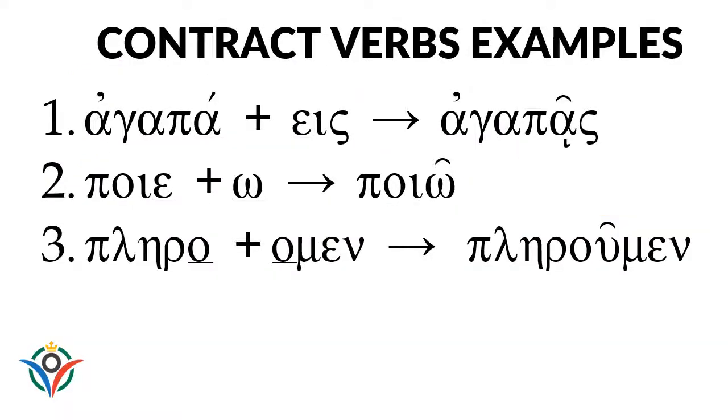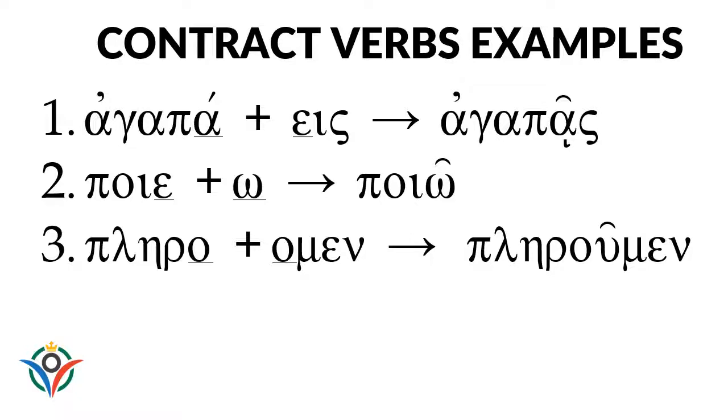So here are three contract verb examples, and I just want to show you what we're talking about. And it's going to sound confusing at first because we haven't taken a look at the rules yet. But let me just show you what we mean by this idea of contraction.